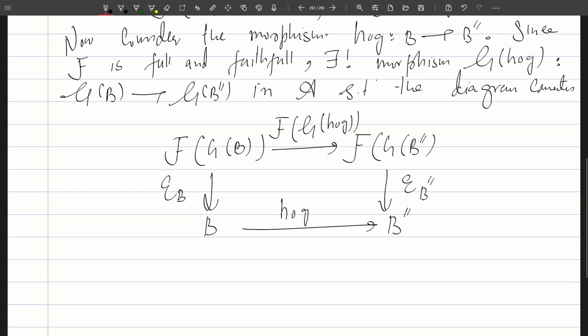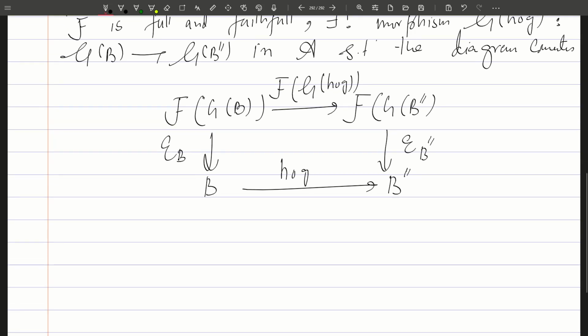Since this diagram commutes, this morphism is the same as first going via this map, followed by this map, and followed by epsilon B double prime inverse.